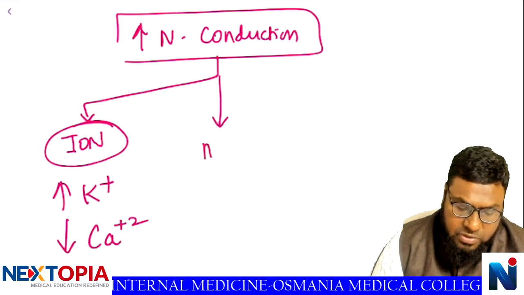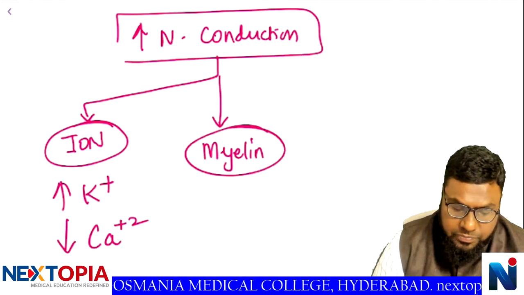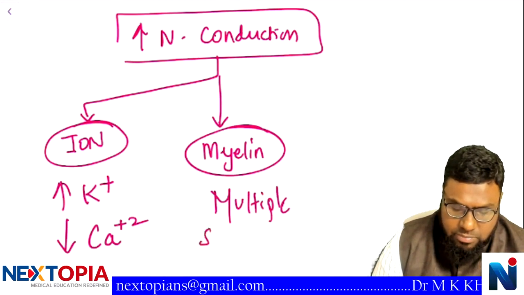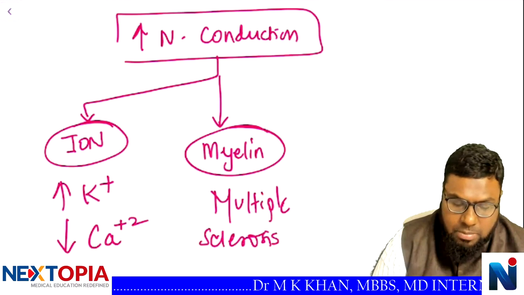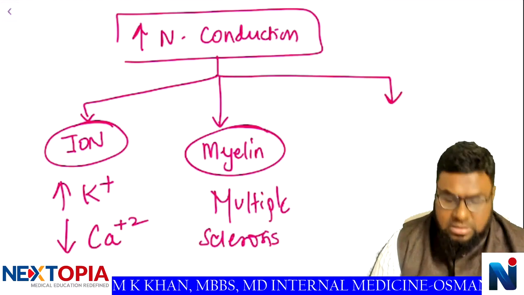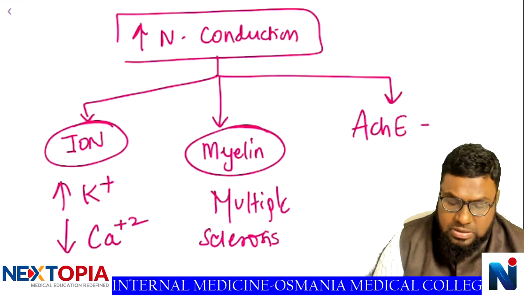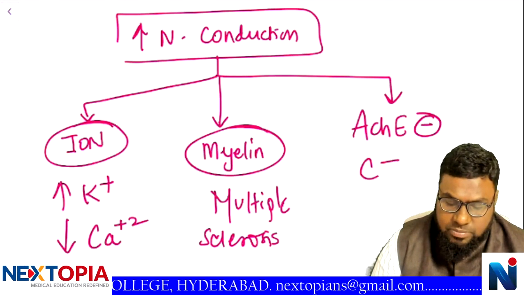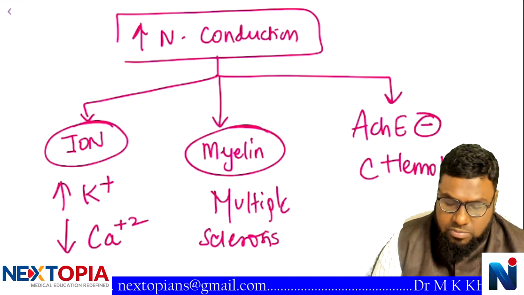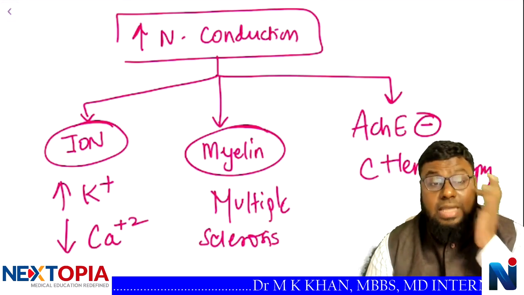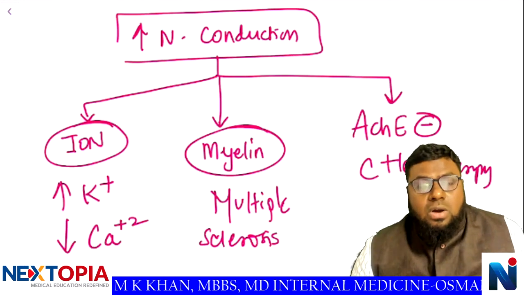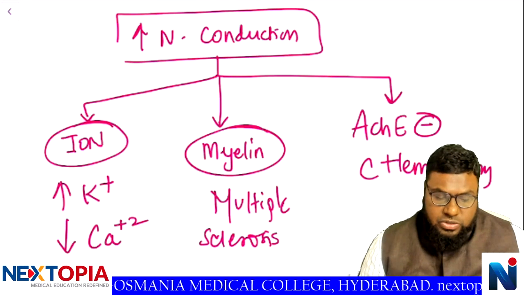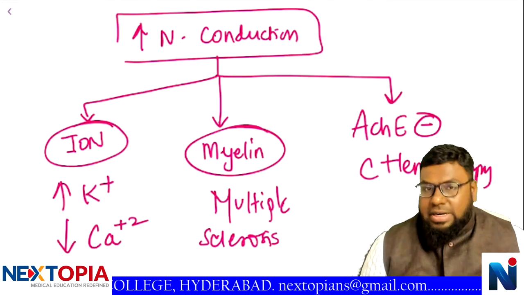Increased nerve conduction can be seen in a few myelin disorders like multiple sclerosis. Certain drugs like inhibitors of acetylcholinesterase, and sometimes chemotherapy. Increased neuronal excitation is an important point with a few chemotherapy agents. So all these disorders will increase nerve conduction, whereas the disorders which decrease nerve conduction I already discussed.